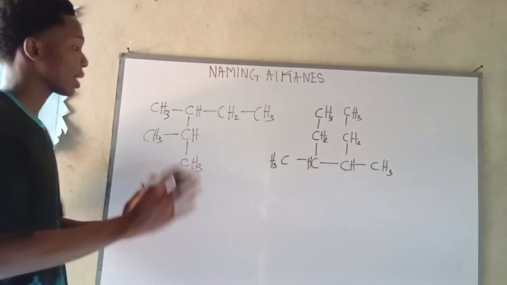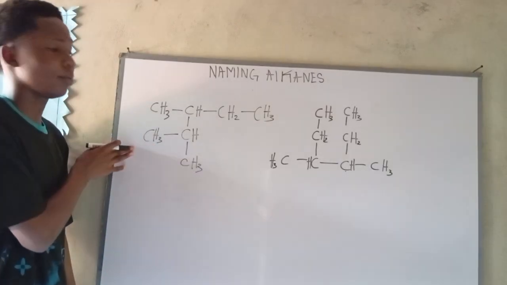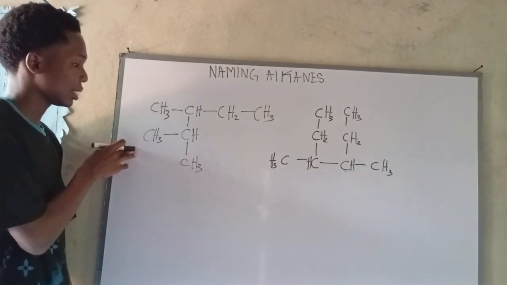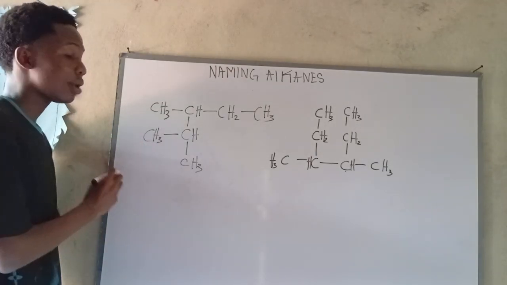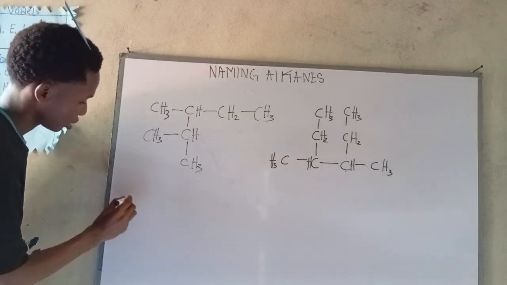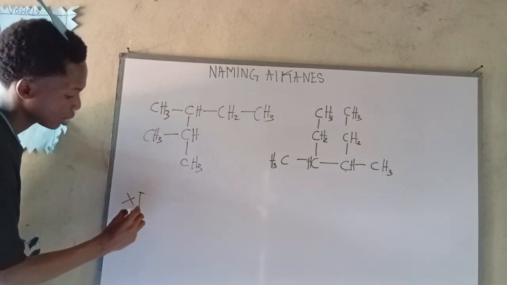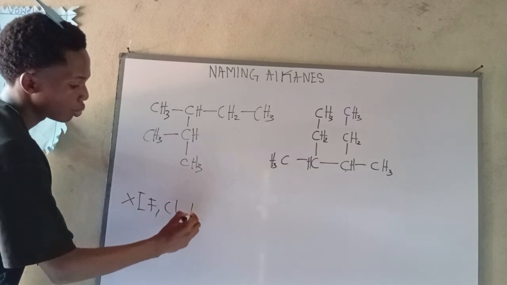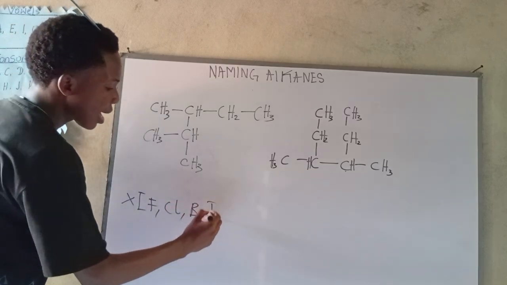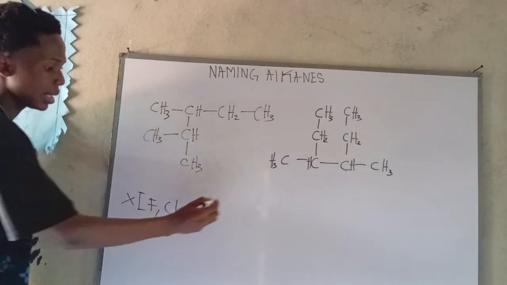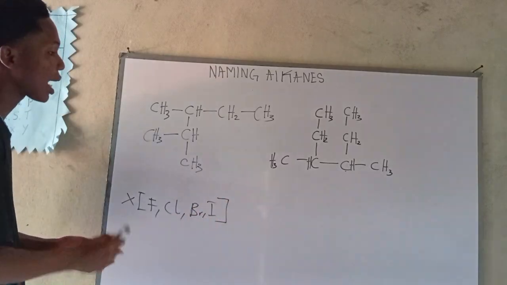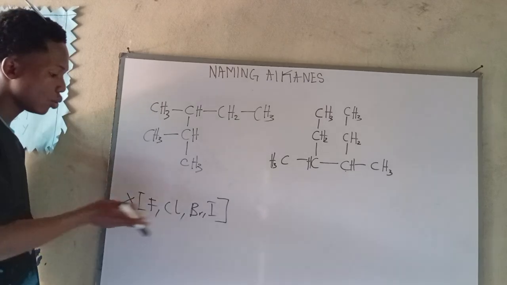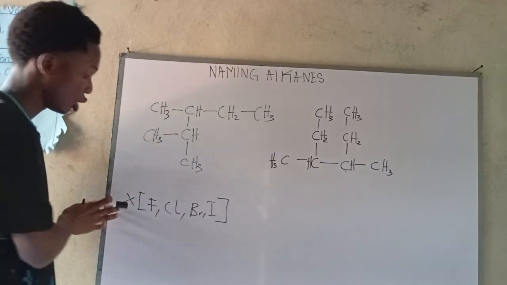Or it might not even be an alkyl group, it might be inorganic. Sometimes you might get a halogen. Halogens are represented with X. So we have fluorine, chlorine, bromine, and iodine. These four can also be a substituent. So if you don't see an alkyl group, don't get scared. We can also use halogens, denoted with X.